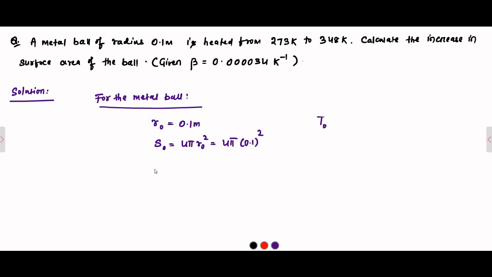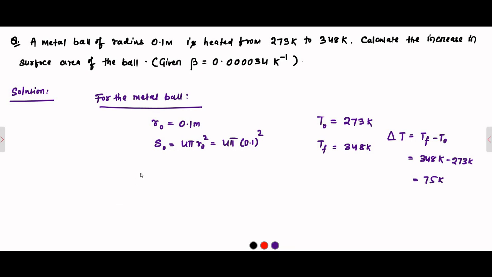So the initial temperature is equal to 273 Kelvin and the final temperature is equal to 348 Kelvin. So the change in temperature, Tf minus T0, is equal to 348 Kelvin minus 273 Kelvin, which is equal to 75 Kelvin.